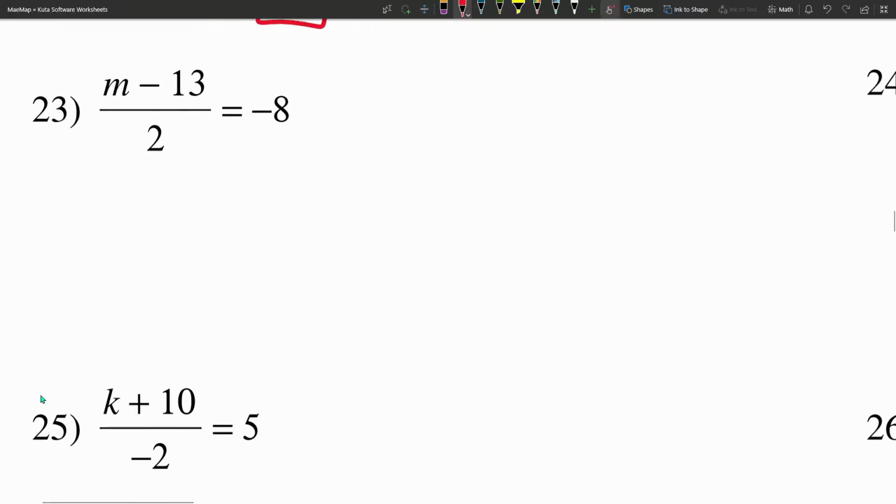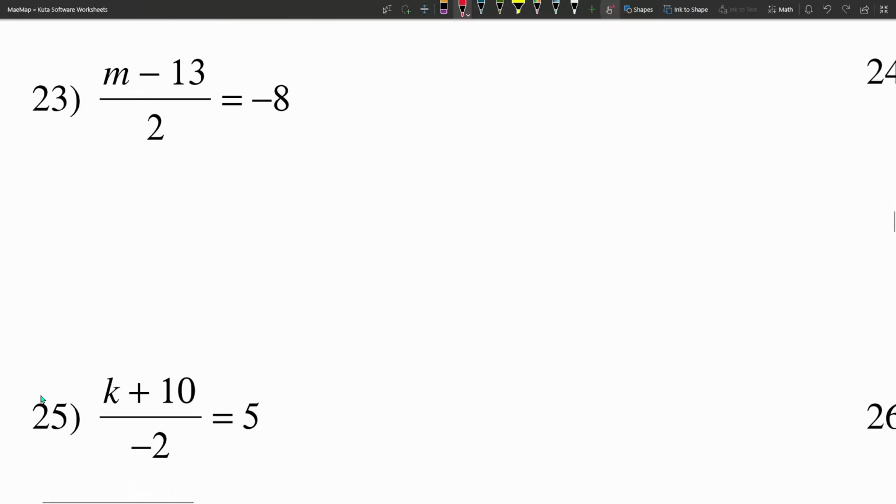For number 23, what do we want to start by doing? Well, m minus 13, that entire quantity is divided by 2. So we're going to get rid of that 2 first by multiplying by 2. And we're going to multiply by 2 on both sides of my equation. Whatever I do to the left, I do to the right. Whatever I do to the right, I do to the left.